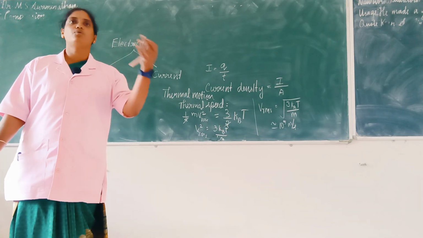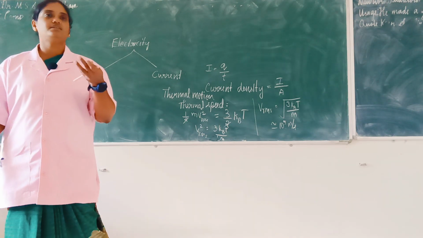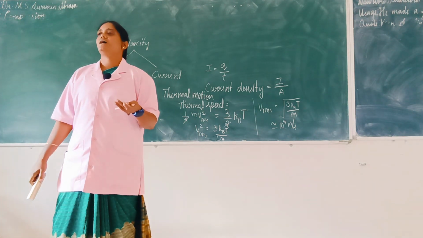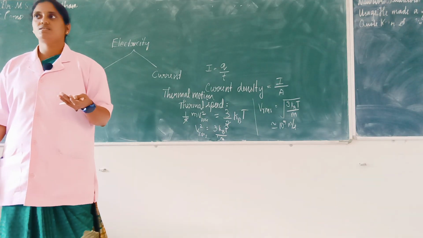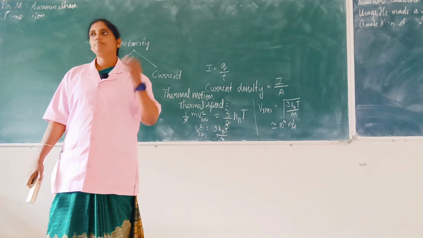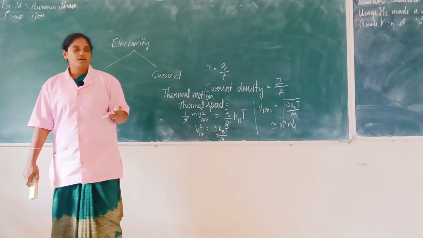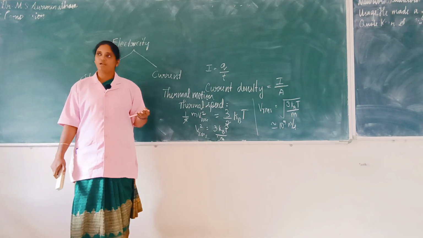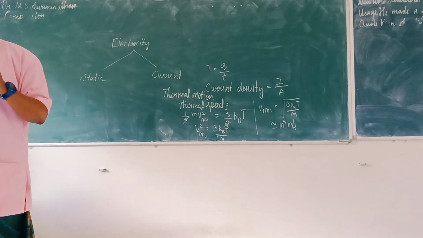If one is moving in the positive x-axis, another one will definitely be moving in the negative x-axis, then the total net velocity, average velocity, will be 0 if they are in random motion, isn't it? But when the electric field is applied, what happened? They start to move in one particular direction, from higher potential to lower potential. Now it has the velocity. That particular velocity is called drift velocity.